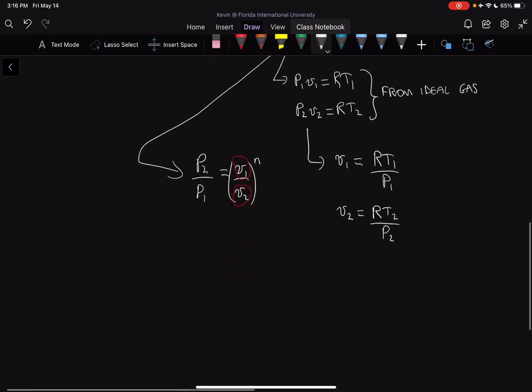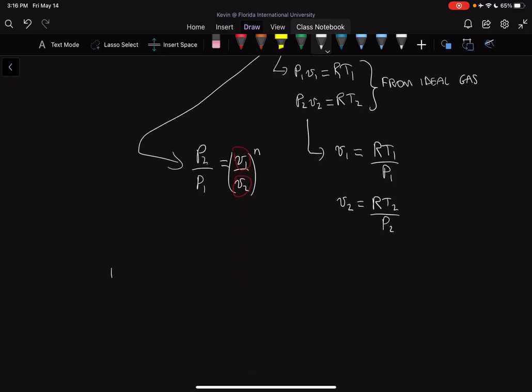And now we have the following equation: P2 over P1 is equal to R T1 over P1 divided by R T2 over P2, to the power of n. You can see that the R's are going to cancel, since the top and bottom R are the same value.